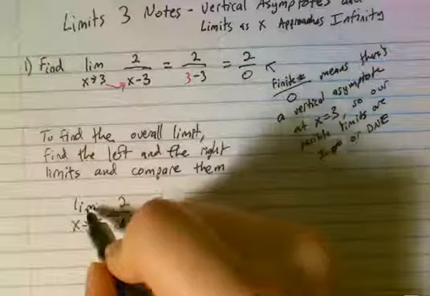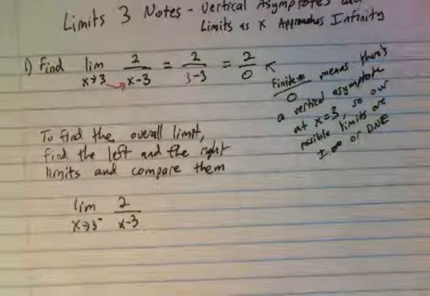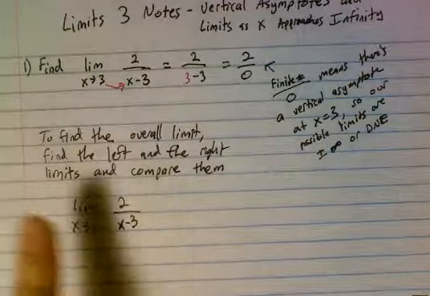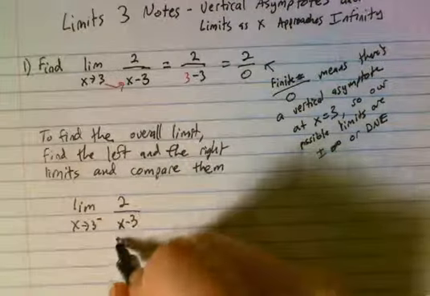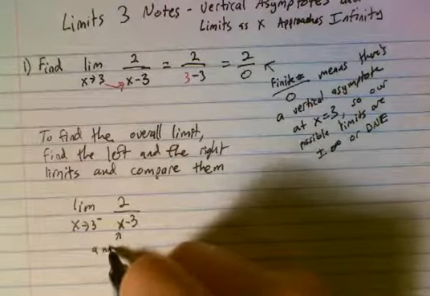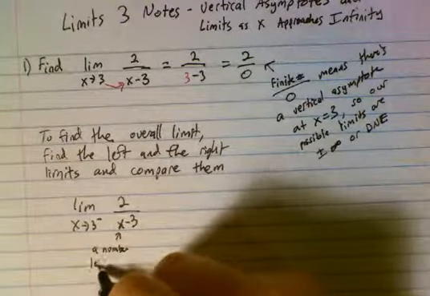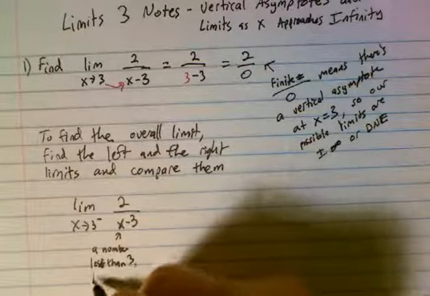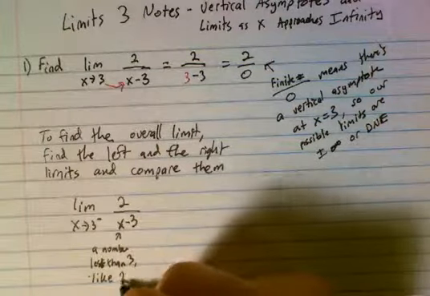Excuse me, that's the left limit, that negative. So the left means we're coming from this side. So this number is going to be a number slightly less than 3, a number like 2.9 or something like that.